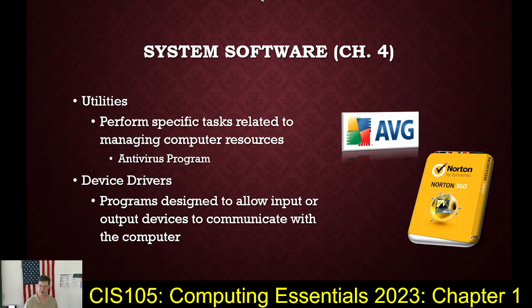So I have to go download the device driver from the manufacturer's website of the thing I'm trying to plug into the computer. So yes, device drivers are still an issue for some people from time to time. Please keep in mind that operating systems literally have tens of thousands of device drivers to recognize all those different devices that you're plugging into your computer, so that it works right away.